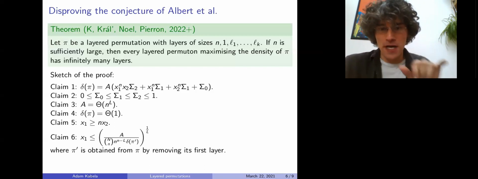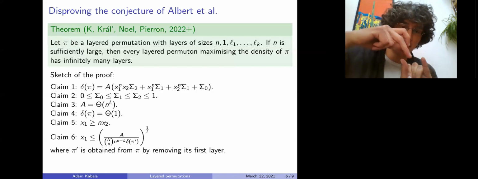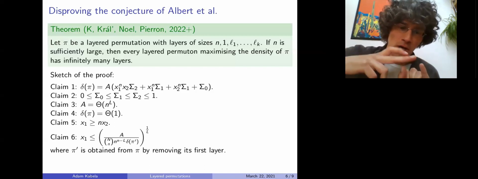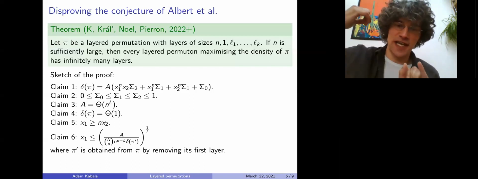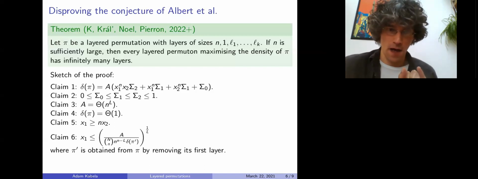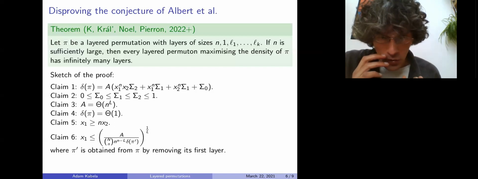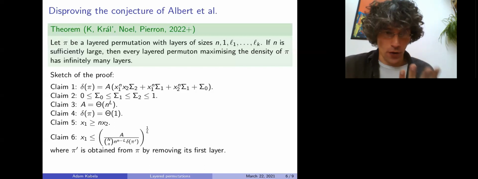Everything remains the same, except the second layer is replaced by many layers which resemble the maximizer of pi prime, except they're scaled to the size of the layer replaced. So here the calculations got a little bit more technical, but we got the following bound on x1.